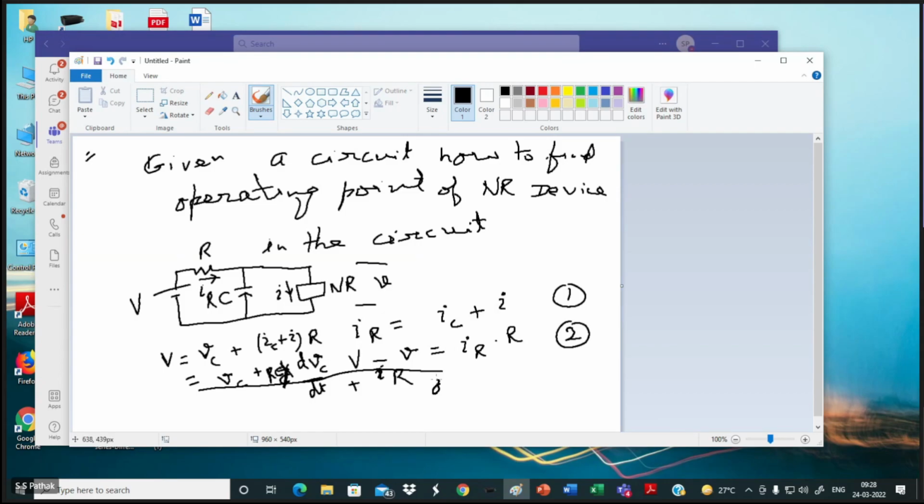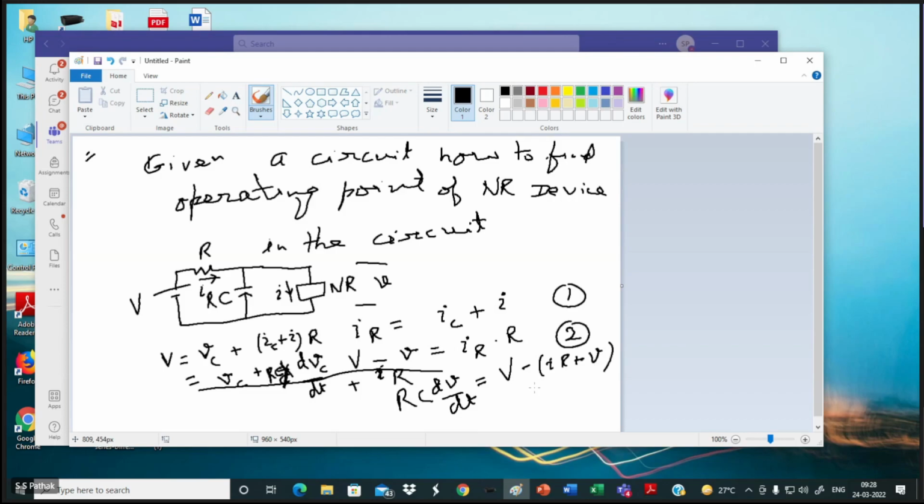It is dV by dt, okay, will be equal to V minus this IR plus small v. That is what your problem is.